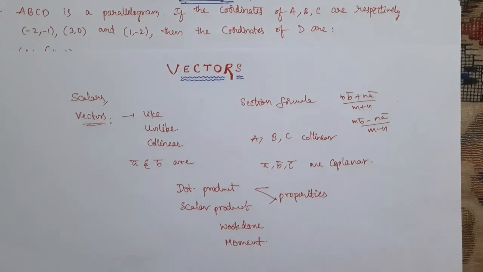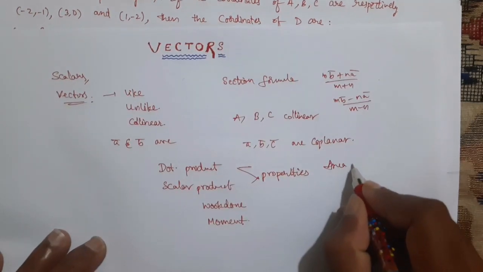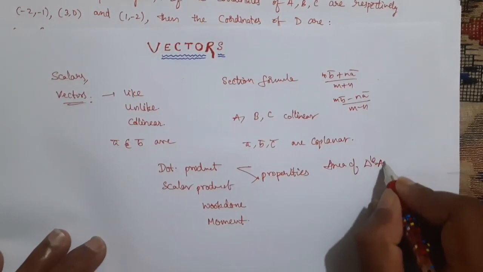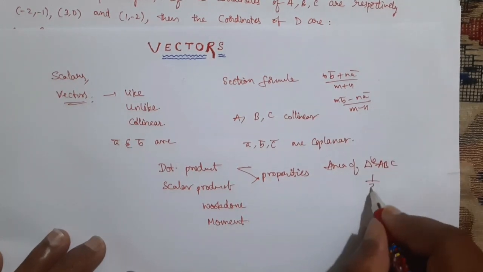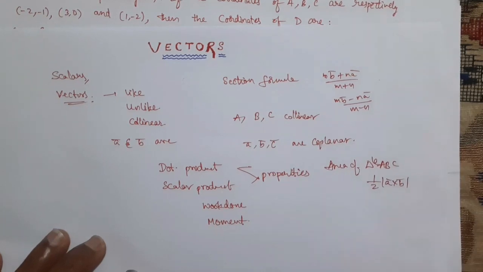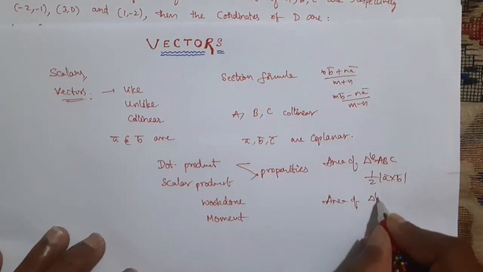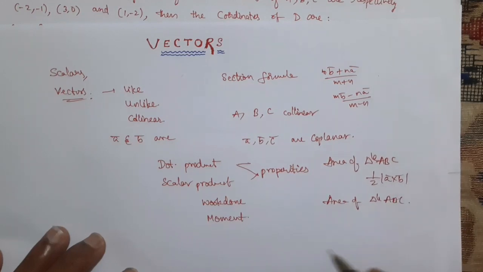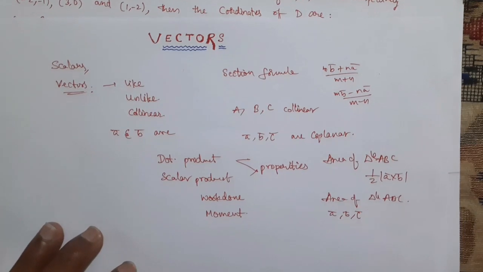Now, in order to solve the problems, we need some other important formulas. Those are the area of triangle ABC when two adjacent sides are given. That formula will be half of the modulus of A bar cross B bar, which we generally use. But again, we have a formula for the area of triangle ABC when three position vectors A bar, B bar and C bar are given.